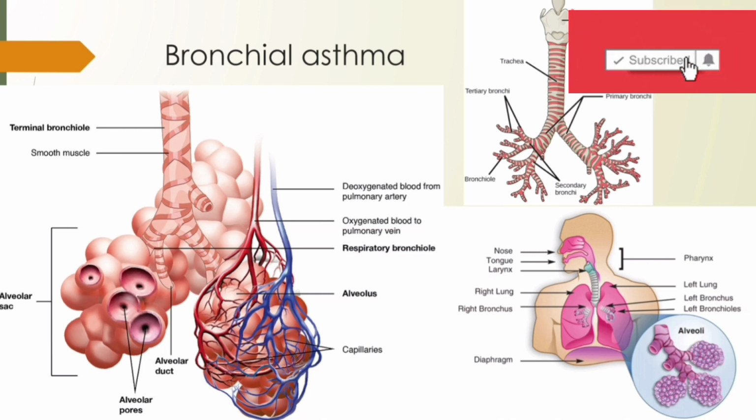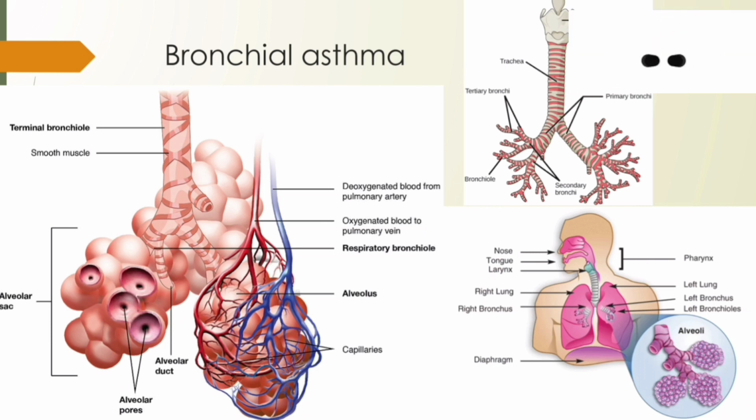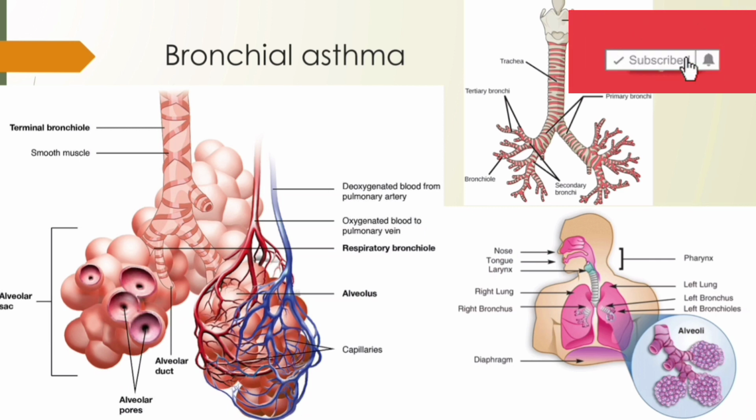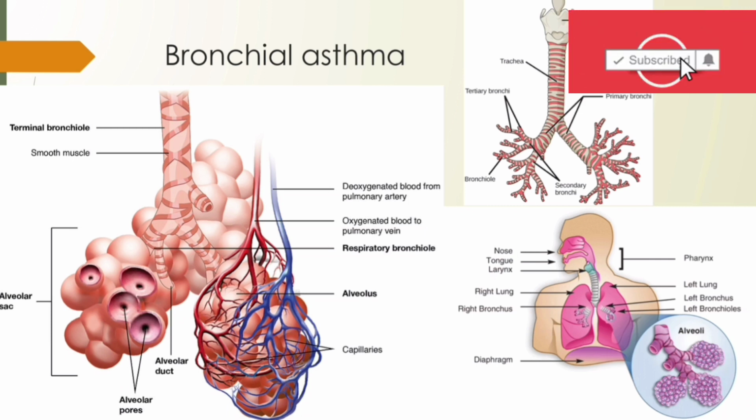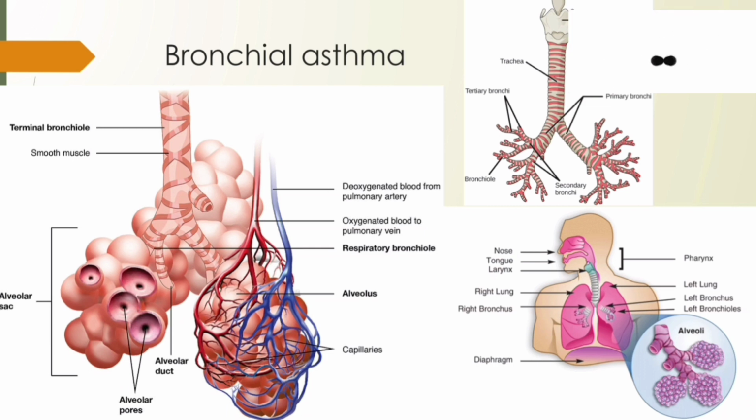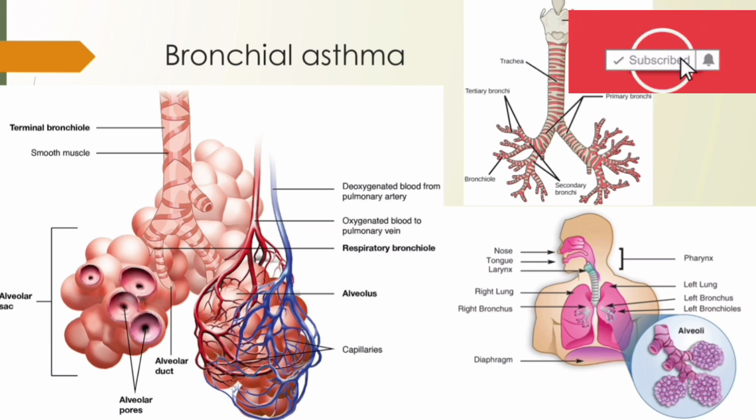Most people who have asthma also have allergies. Many environmental factors such as air pollution, chemicals, smoke, and allergens have been associated with the development of asthma or triggering of asthmatic attacks. Now, triggers are factors that initiate the attack basically. This can be very different from person to person, obviously.